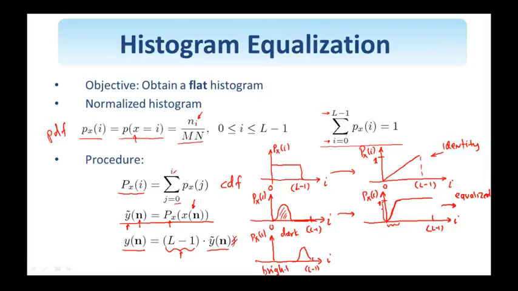It has a lot of high intensity values and very few low intensity values, and in this case the cumulative distribution function, let's say L minus 1 is here, roughly speaking will look like this. So it's 0 down here and then rises to the value of 1. So according to this transformation, high intensity values here are mapped to low intensity values. So if I apply this transformation again to the input image, I'll get an equalized image.